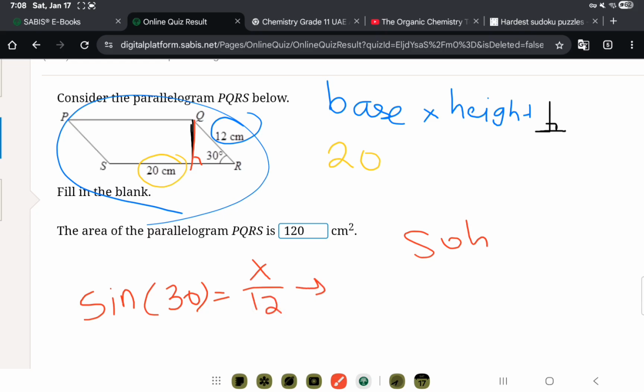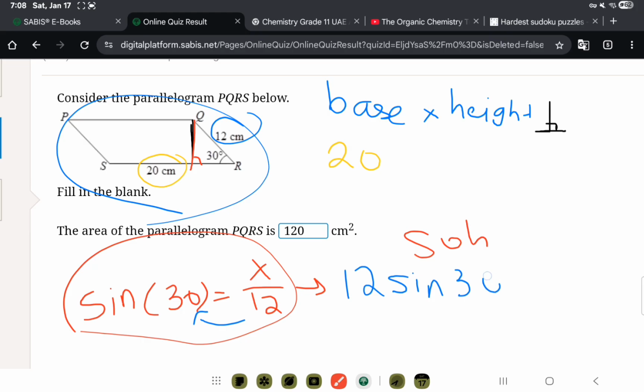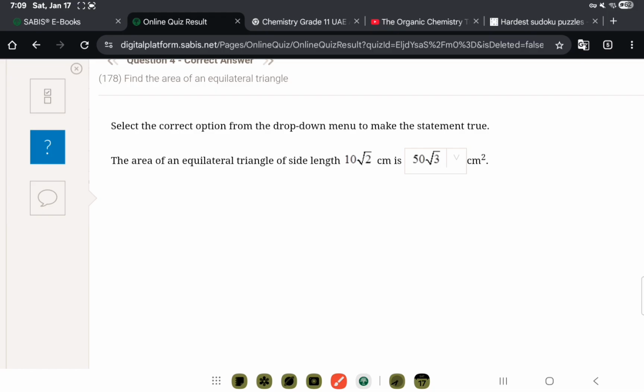On your calculator, to save time, cross multiply, so you get 12 sine 30. You get 6. So our perpendicular height is 6. So it's going to be 20 times 6, which is 120. That's it.